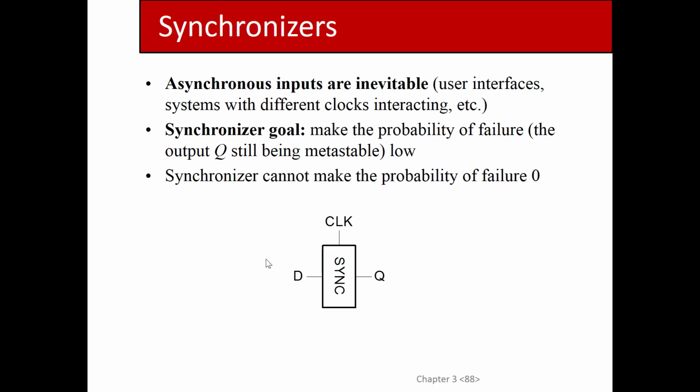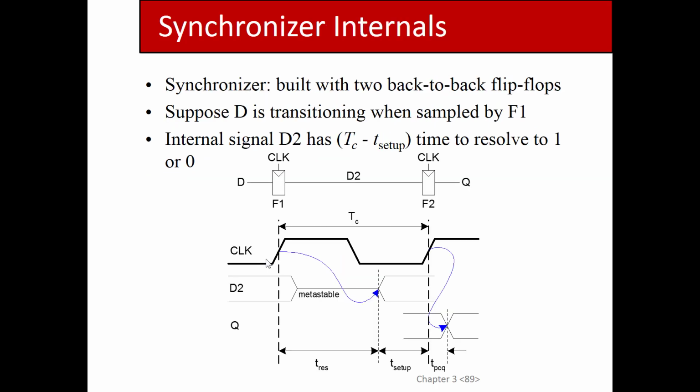It turns out that a synchronizer is just two flip-flops connected in series. So you've got the button here, like the D is the main input coming in from off chip. It goes into one flip-flop, which may be metastable, but then its output just connects into another flip-flop.